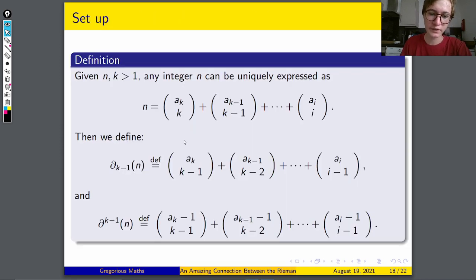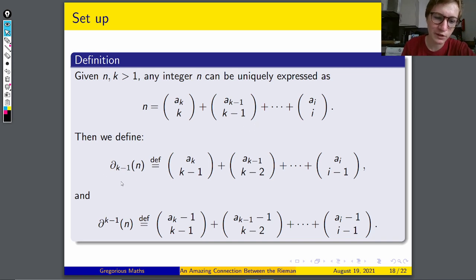All we need is the following definition, and it's more complicated than it looks. For any k and n bigger than 1, any integer n can be uniquely expressed as this slightly combinatorial, I would say, sum.